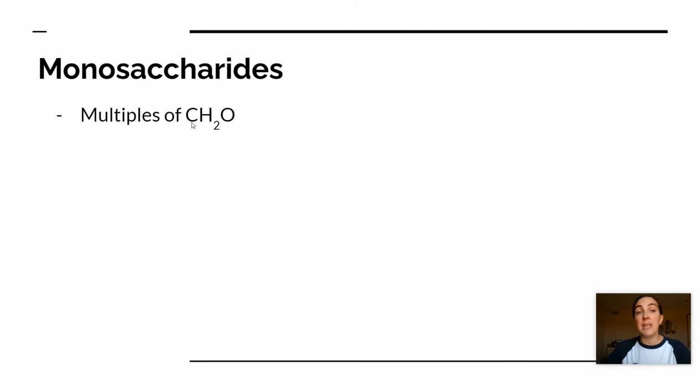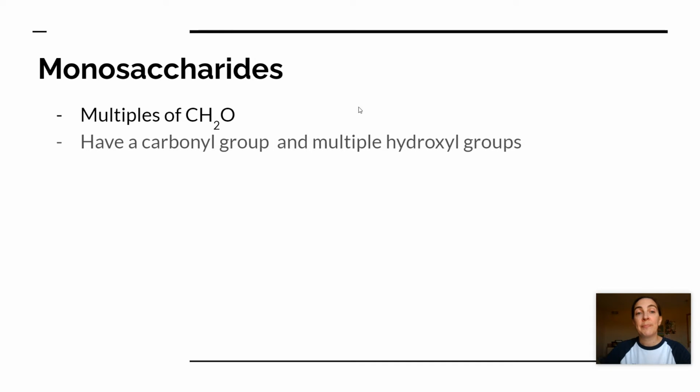In other words, they have equal amounts of carbon and oxygen atoms, and they have twice as much hydrogen. So if you think about things like glucose, C6H12O6, that might be a monosaccharide that you remember the formula for. It follows that pattern. It has 6 each of carbon and oxygen, and twice as much, it's got 12 hydrogen. So this isn't a specific monosaccharide, but it's the generic formula for monosaccharides.